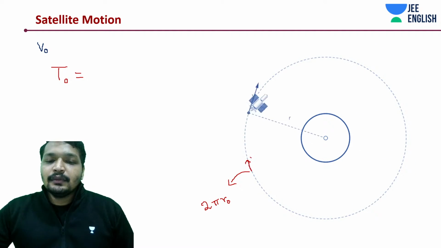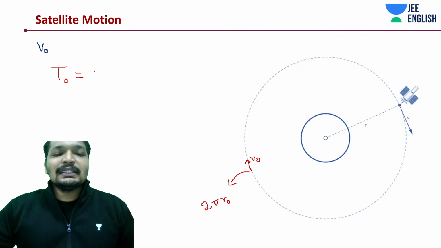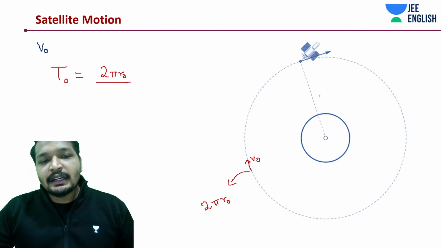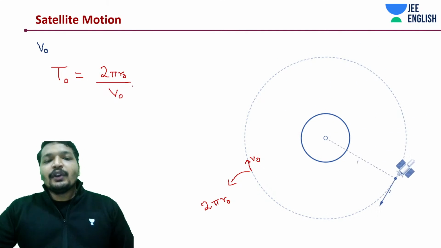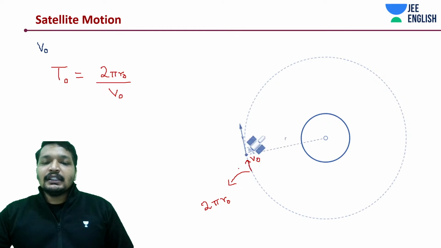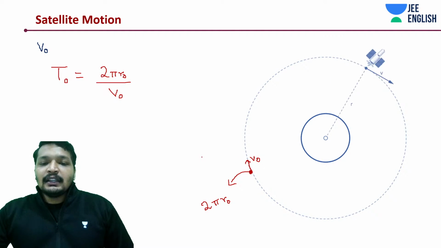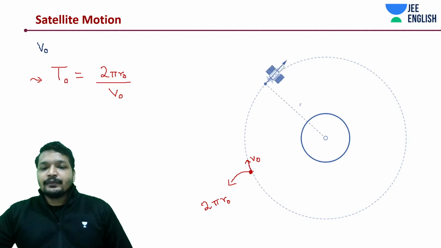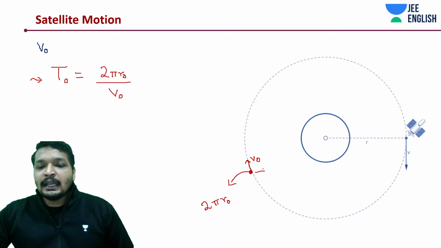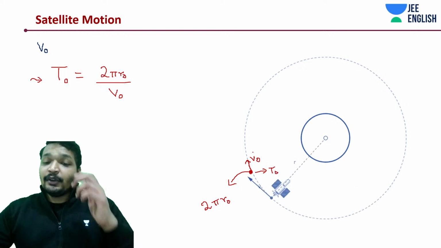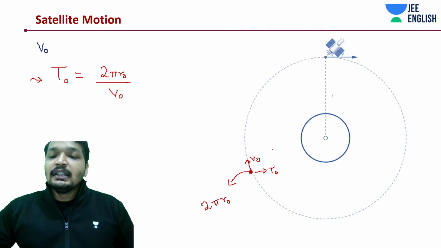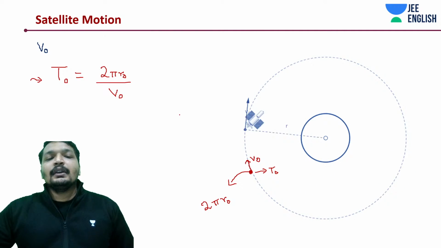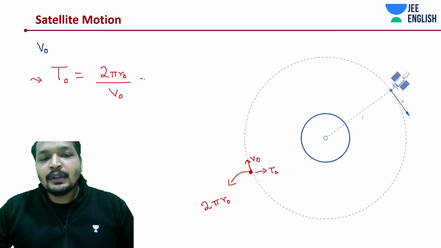VO, isn't it? So it's really that simple. Basically 2 pi RO divided by VO is going to be the time period. That means after every TO time, the satellite which is rotating is going to come to this place. Okay, that's the time period. That's it.